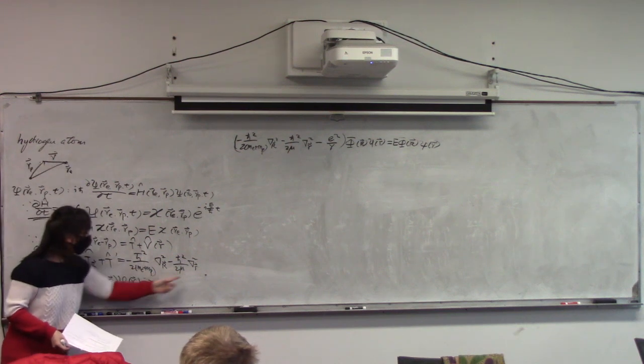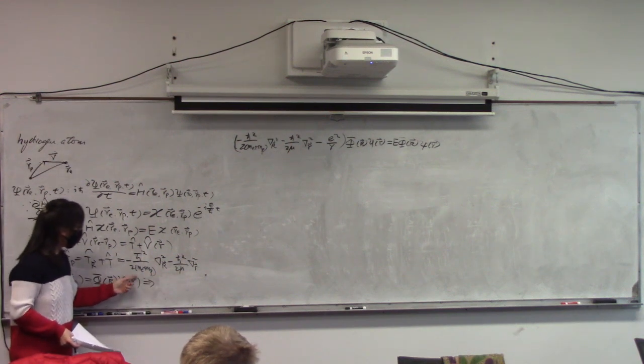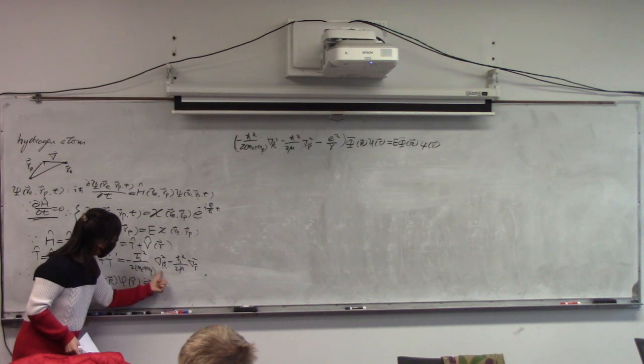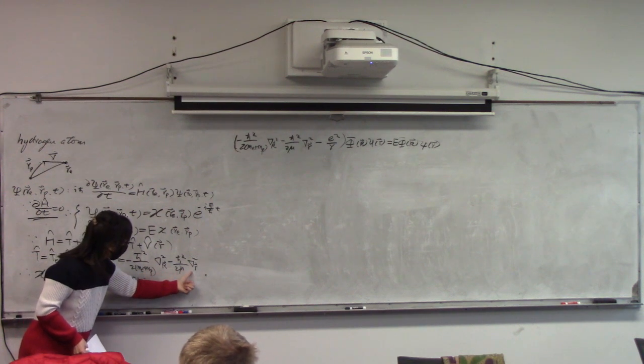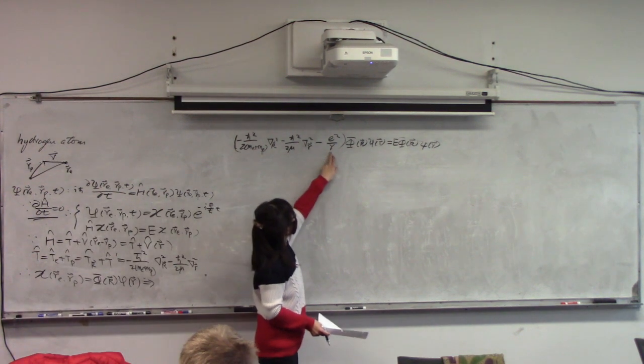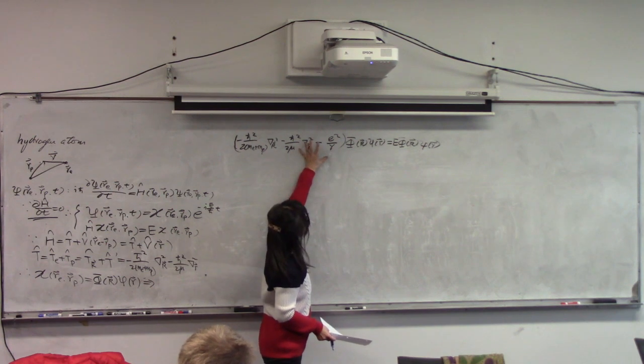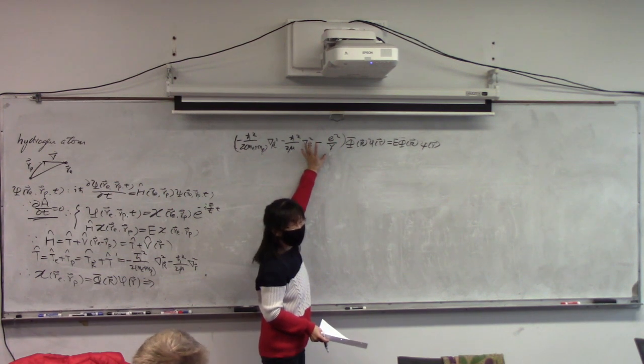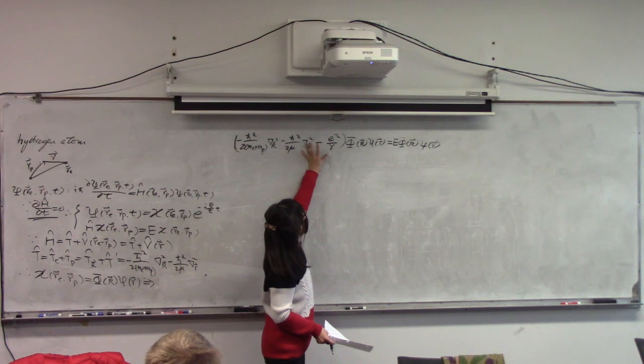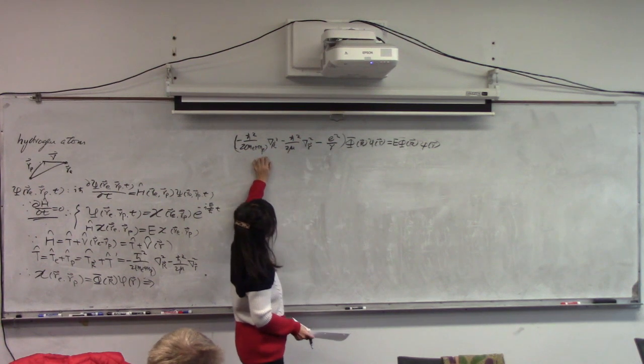So with these two terms, we can rewrite, because this one is only a function of capital R, and the potential energy is a function of lowercase r only. That means these two parts only depend on the lowercase r relative position, and this is the center of mass.